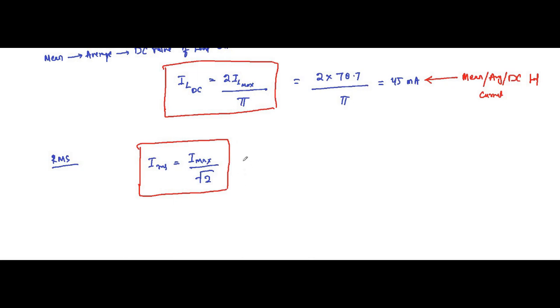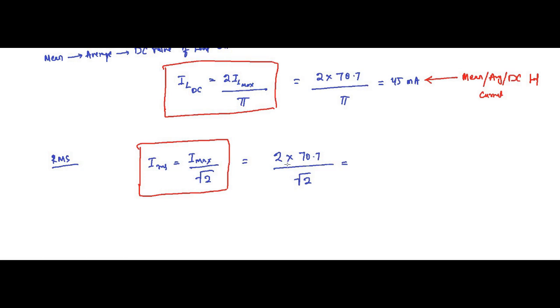So here it is 2 into Imax, which is 70.7 milliampere divided by root 2. Okay, so that is equal to, sorry, it is not 2, sorry, simply 70.7 by root 2.